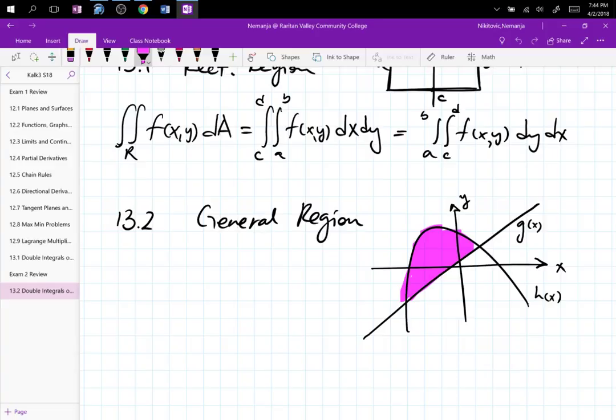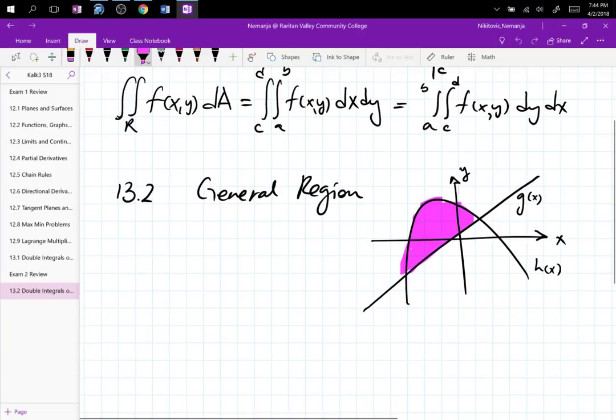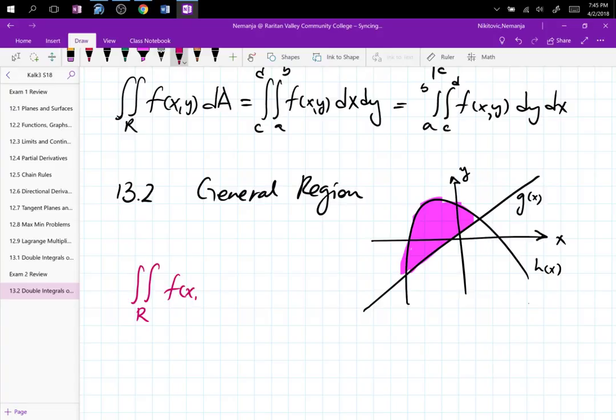So general region. So what am I going to have for the general region? Well, looking at this picture, the double integral over the general region R of f of x, y, dA is going to be given by the double integral of f of x, y, dy dx.